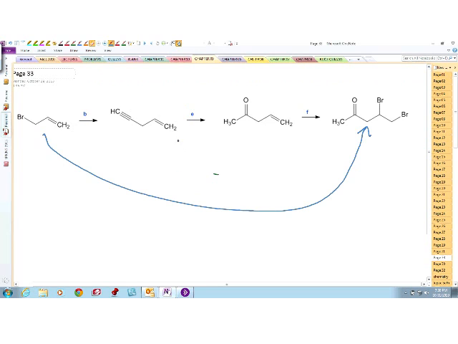Keep that in mind. Without giving you all of this intermediate. So that would be a good question. Give me the synthetic scheme from here to here, starting from acetylene.